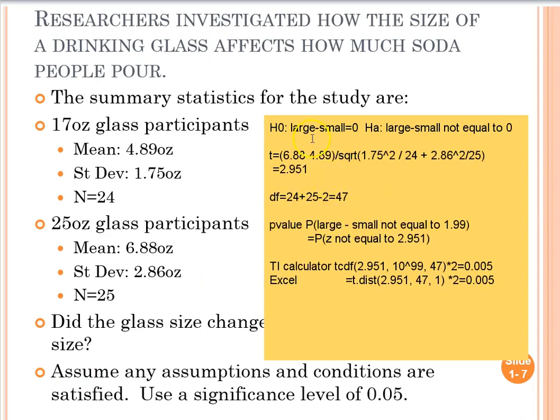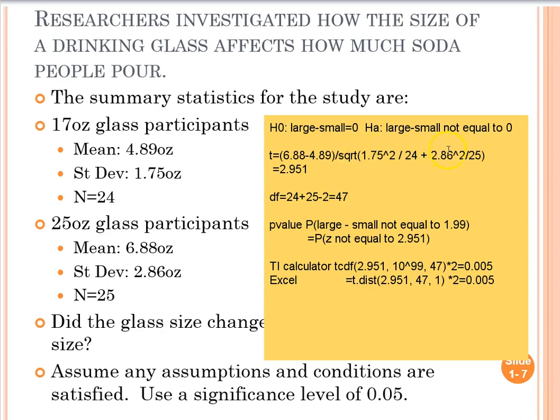So now that we have our null and alternative hypothesis, we can calculate our t-score. Again, I put the large group first and the small group second, and that's going to give me ultimately a positive t-score. If I reversed it, I would get the same number, but it would be negative. I'm going to then divide by the standard error.